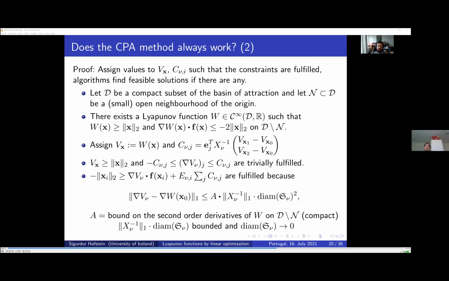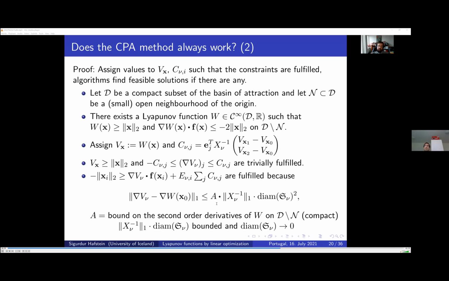And this here will also be fulfilled because we can estimate the difference between the gradient of V in the simplex S_nu, minus the gradient of W at x0, where x0 is just one of the vertices of the triangle.